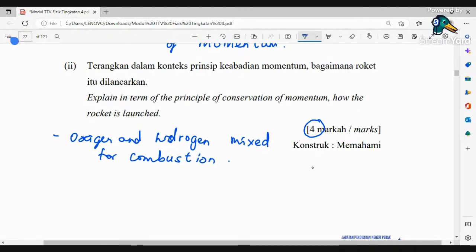Kalau dua ni kena campur, oxygen dengan hydrogen. Second point, hot gases is released out.